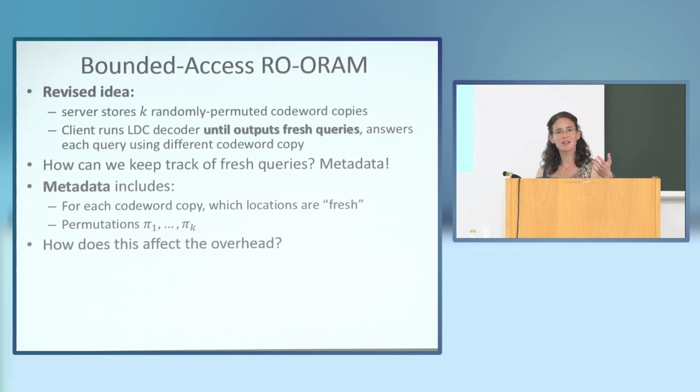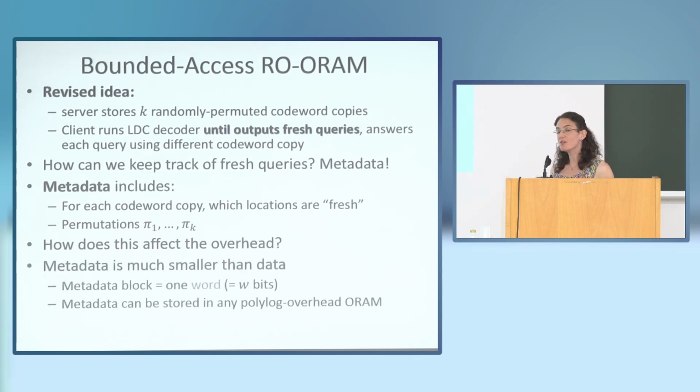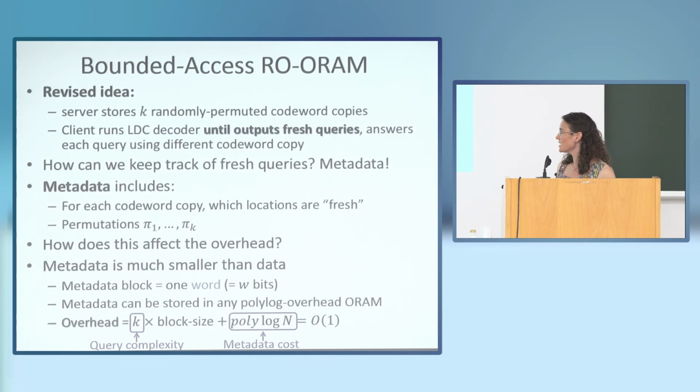So now we're accessing this metadata, but the saving grace is the metadata is, as I said, much smaller. It's so small that you can afford polylog many operations on the metadata, and still this would only count as accessing one block. So in particular, I can store the metadata in any polylog overhead Oblivious RAM, and the cost of the metadata is just a constant number of accesses to blocks.